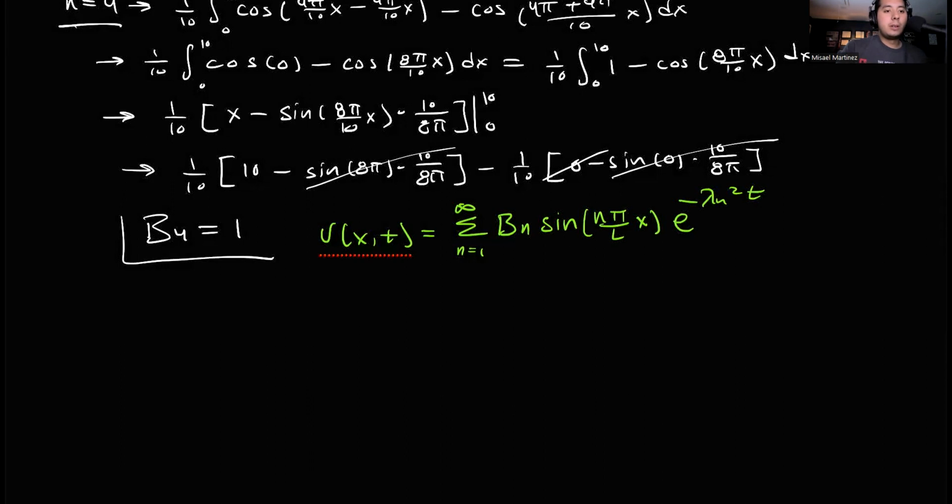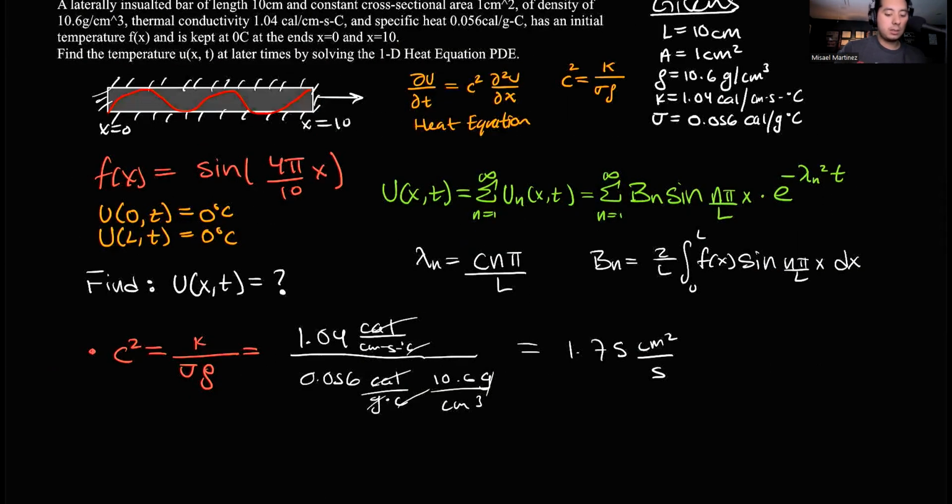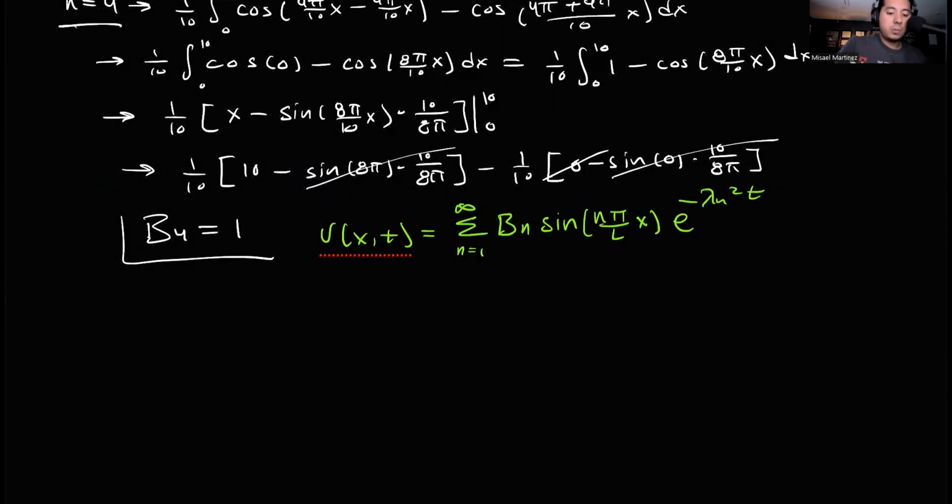All right, so let's figure out what the lambda term is. We know from the beginning this formula for lambda, which is c times n times pi over l. So using that formula, lambda 4 squared, we can already substitute everything.